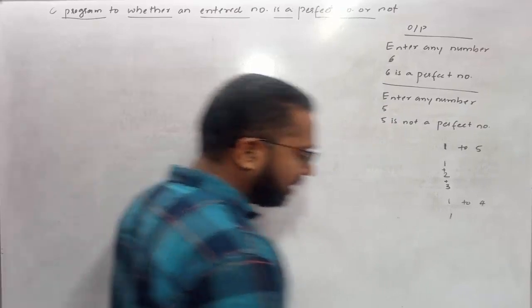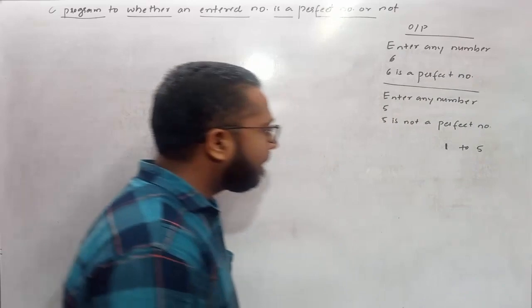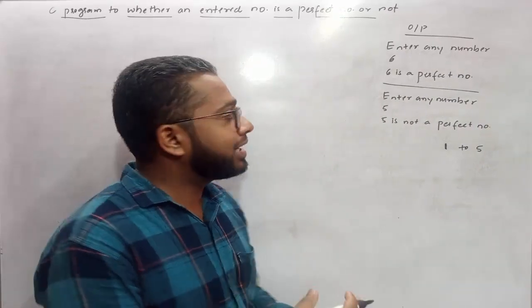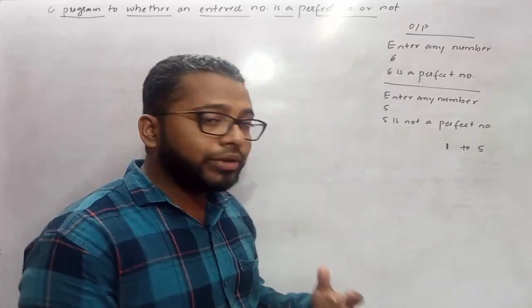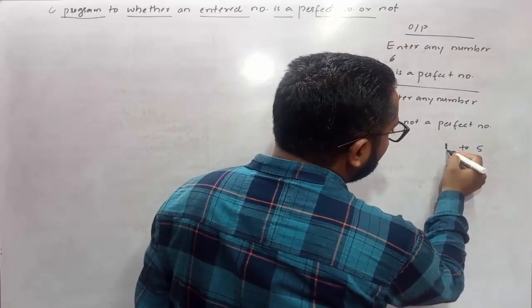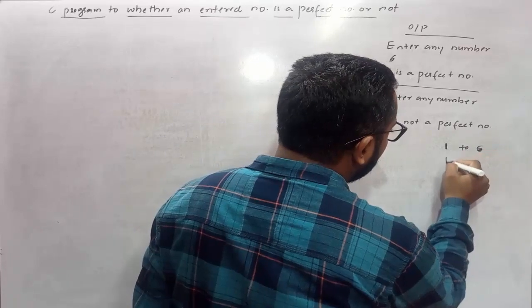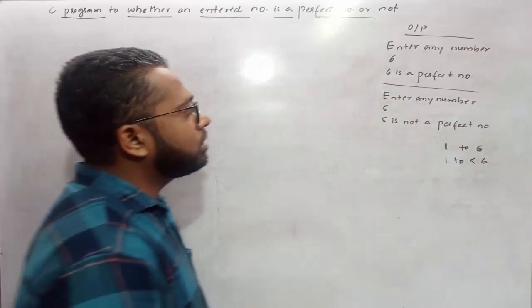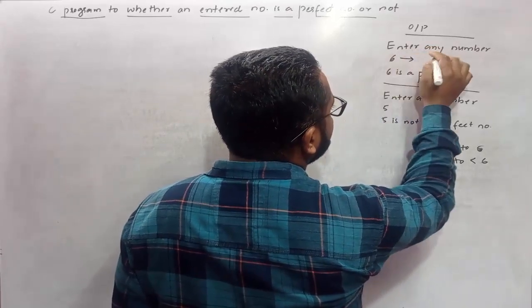So to write the program, what should be our logic? As you can see here, we are just adding those numbers which divide the number 6 successfully. And how long do we need to check? We need to check until the value becomes less than 6. So I should first create a variable which will hold this value 6.